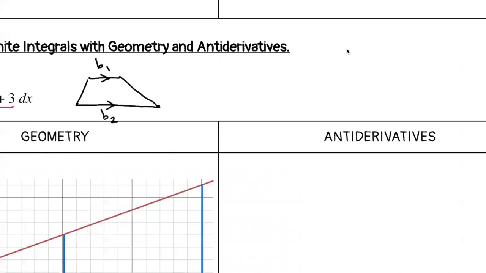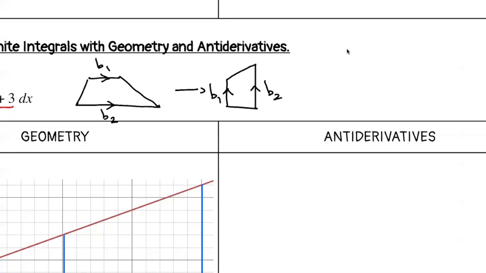But in calculus, we take that trapezoid and stand it up. So we have a trapezoid where the parallel bases are vertical. It's a special kind of trapezoid that has a right angle at one side and the other side is slanted. All we did was rotate the shape, and that gives us a trapezoid.